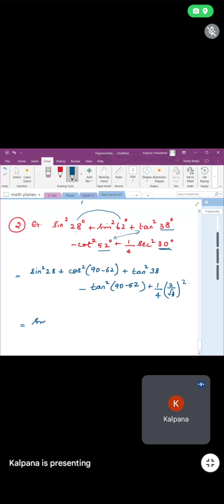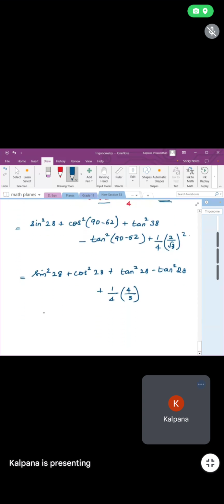So now sine square 28 plus cos square 28 plus tan square 38 minus tan square 38 plus 1 by 4 into 4 by 3. What happens? Now what do you observe?